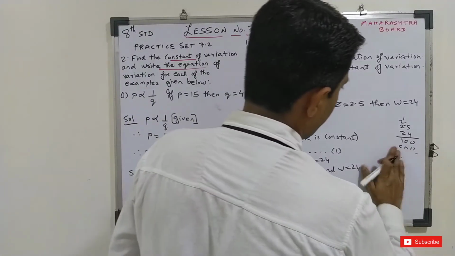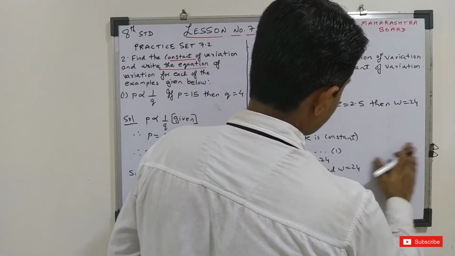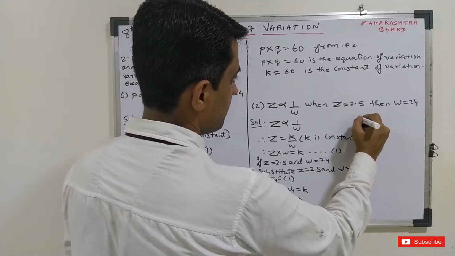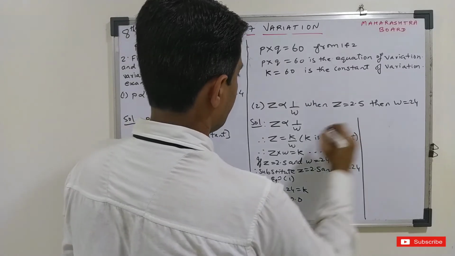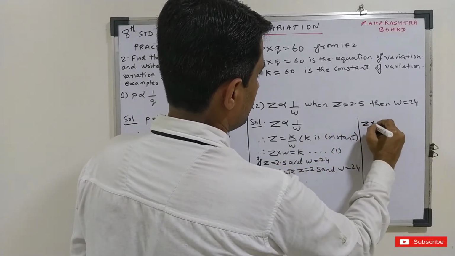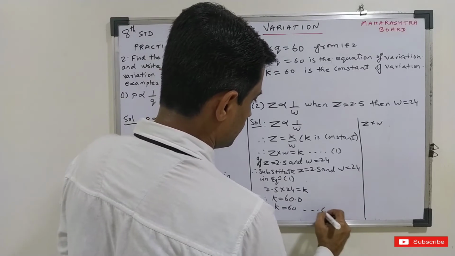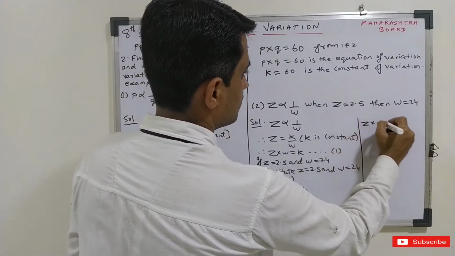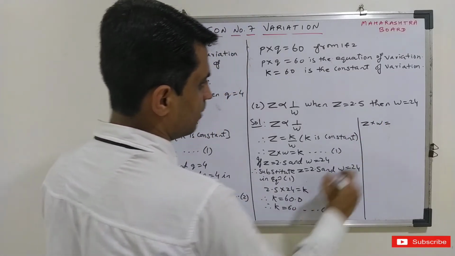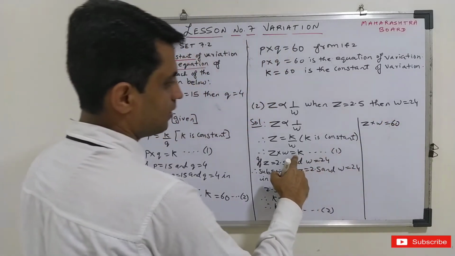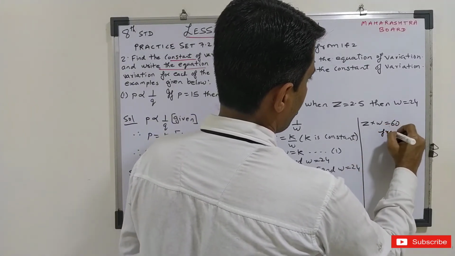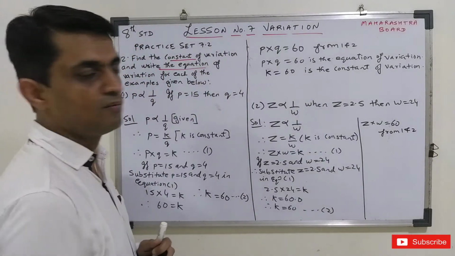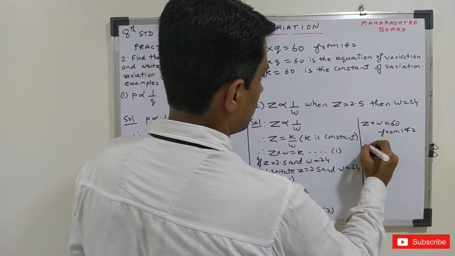Okay, now K has come. After this what will we find? Same method here. What will we write? Z into W. This we will write as statement number 2. And here what do we write? Z into W. What is Z into W? We got 60. And here write from 1 and 2. Right? From 1 and 2, what did we get?